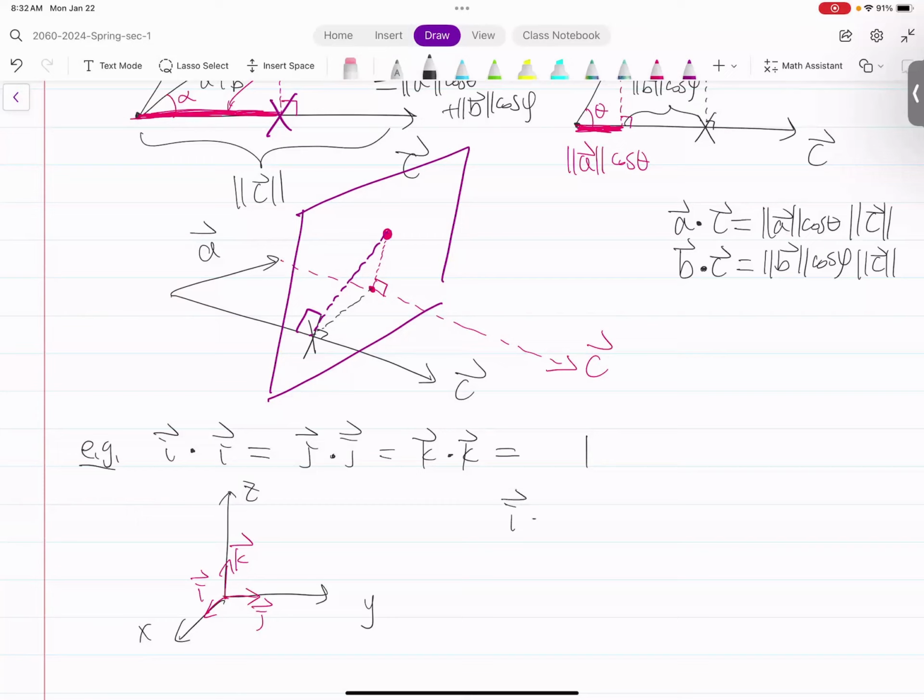I dot J should give you 0, because this is the magnitude of I, the magnitude of J, cosine of the angle between them, which is pi over 2. The axes are perpendicular to each other, so the angle between these vectors is pi over 2. So that's 0. The ones will not really matter because these vectors are perpendicular to each other. So I and J dotting with each other gives you 0, and the same happens with J and K, and I and K.